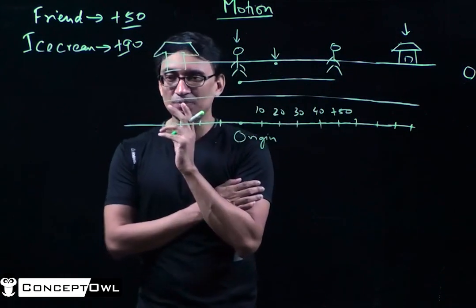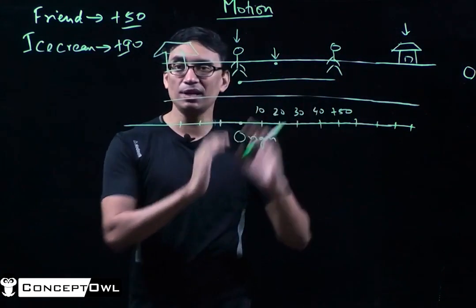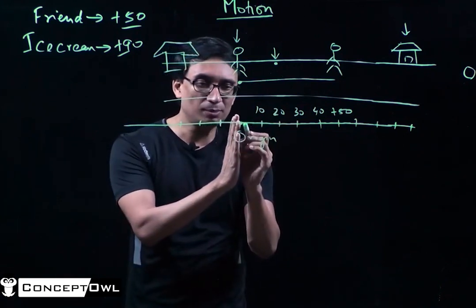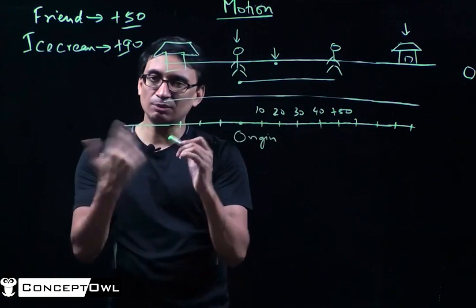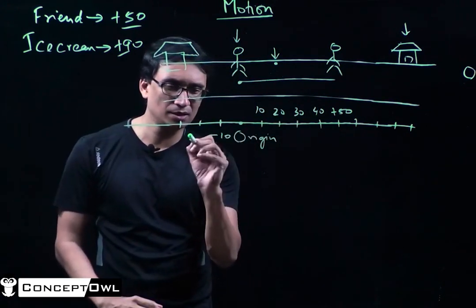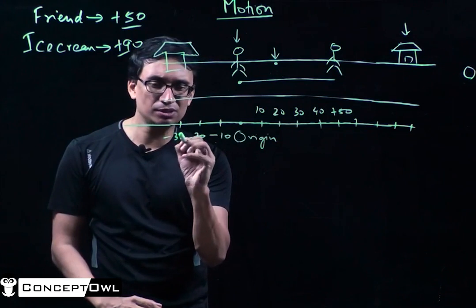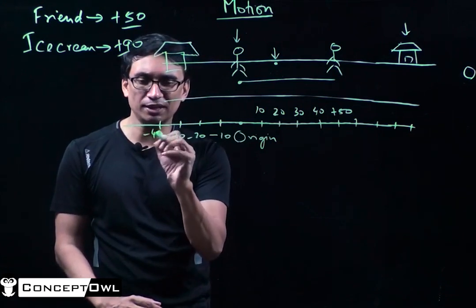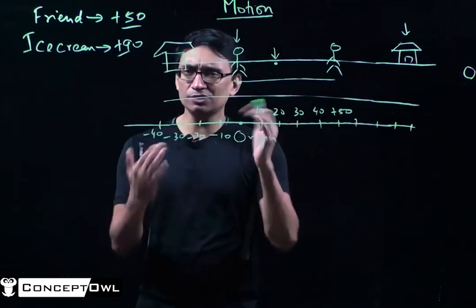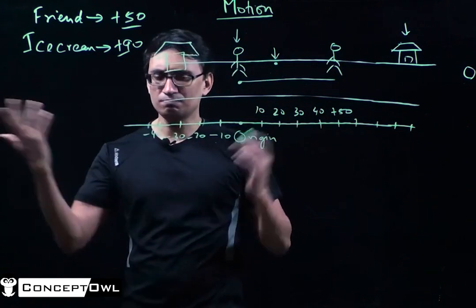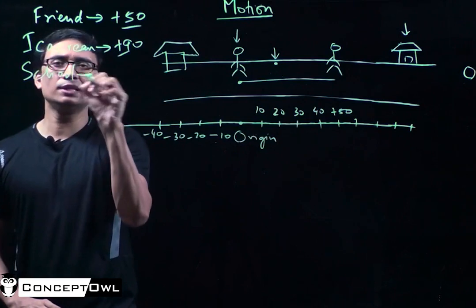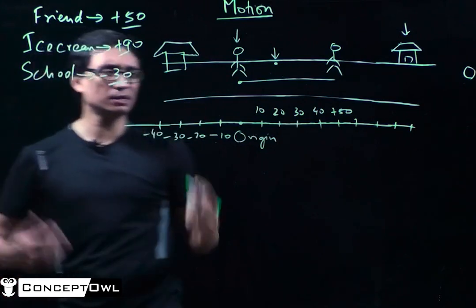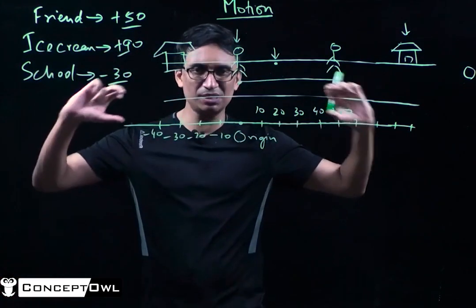But now if you say school is plus 30, I will think the school is here, right? So when I'm saying this is plus 10, plus 20, I will call these distances on the opposite side minus. So I'll call this minus 10, minus 20, minus 30, and so on, minus 40. I can keep going, right? And now you can say, okay, the school is at minus 30. My job is done. This is a very, very precise way of doing it.